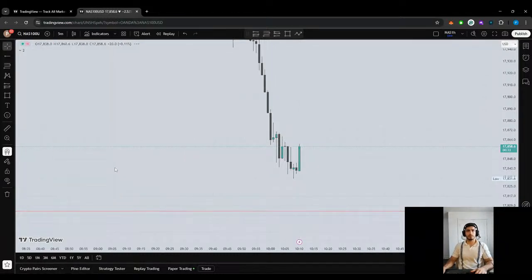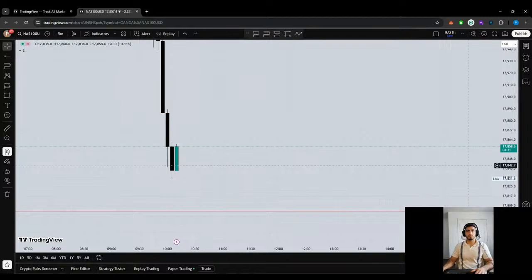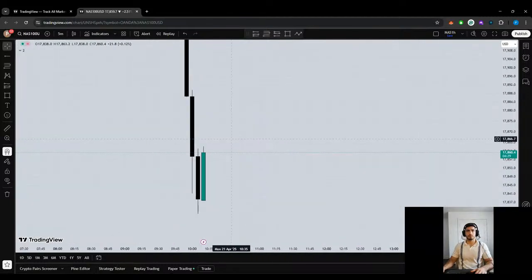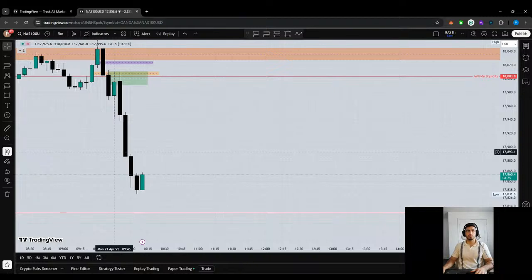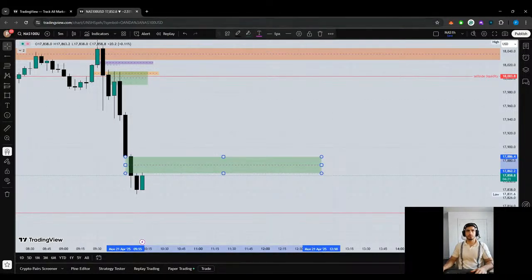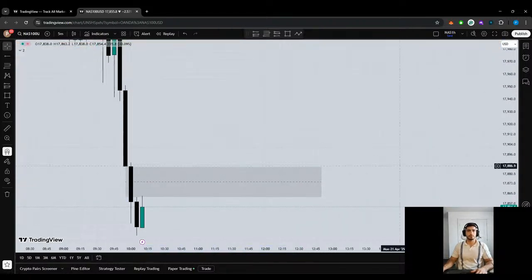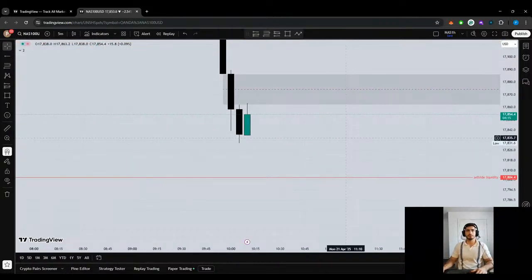It's only 5-minute. Buy into that fair value gap. Tapped it. Probably gonna go for the lows now.